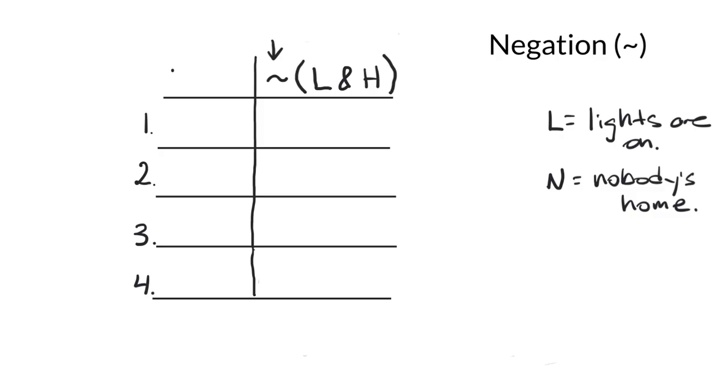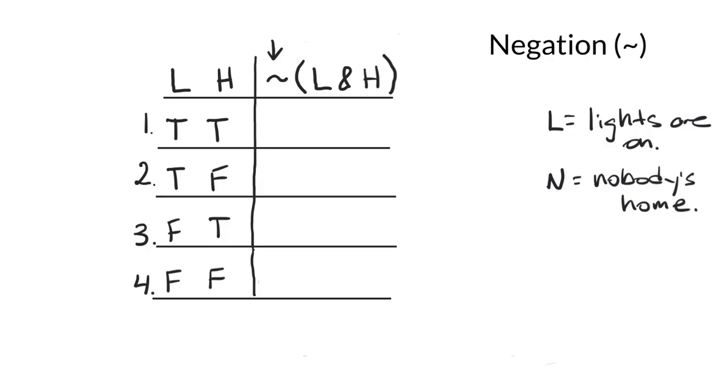So on the left-hand side, we'll have our atomic sentences, L, for the lights are on, and H, nobody's home. And our first row is going to be where both are true. Second row, L is true, H is false. Third row, L false, H true. And then the fourth row, they're both false.